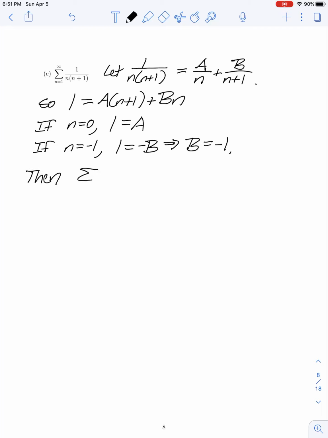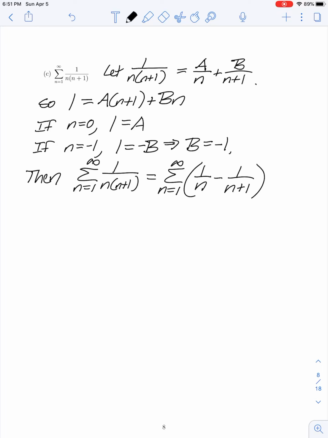So the series that we're given, the sum from 1 to infinity of 1 over n times (n+1), can be rewritten as the sum from 1 to infinity of 1 over n minus 1 over (n+1). So by performing this partial fraction decomposition, we see that this series does appear to be telescoping.